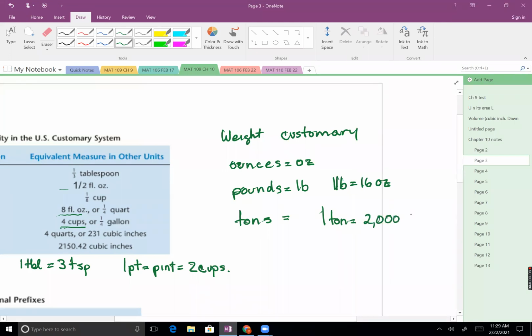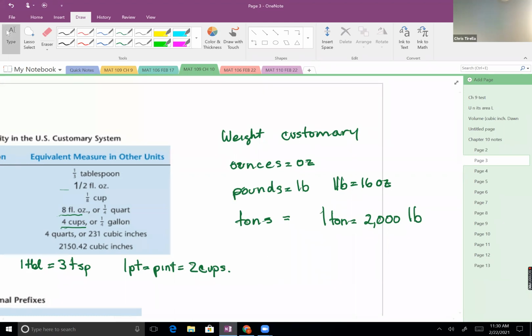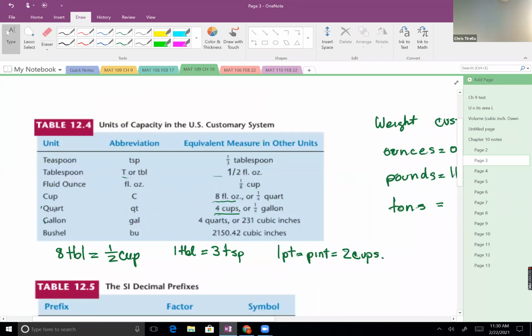Yeah, it's 2,000 pounds. And so if I look at this customary system that we're using, does anybody notice that there's a whole bunch of conversion facts we're supposed to know? 16 ounces in a pound, 2,000 pounds in a ton, 32 ounces in a quart, 4 cups, a gallon is 128 ounces.